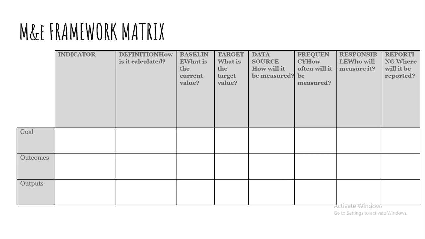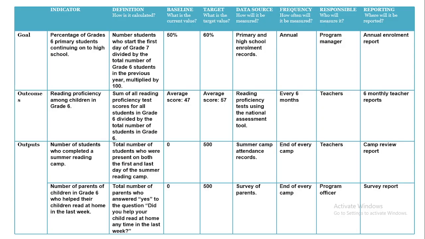Then you can put interview. How often? Maybe quarterly. Who will be responsible? Who will measure it? It can be the monitoring and evaluation officer. And when will reporting be done? You indicate that it will be done by the end of every quarter or biannually. These are all according to the hierarchy of results.